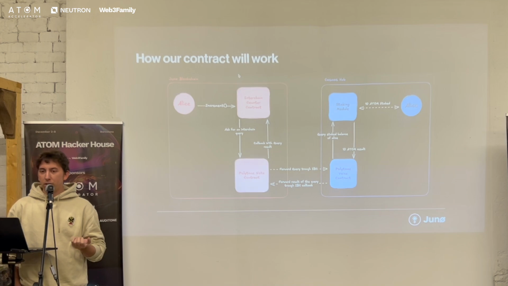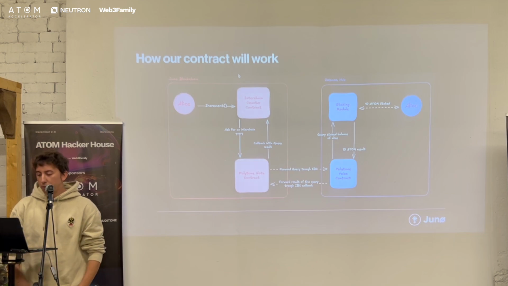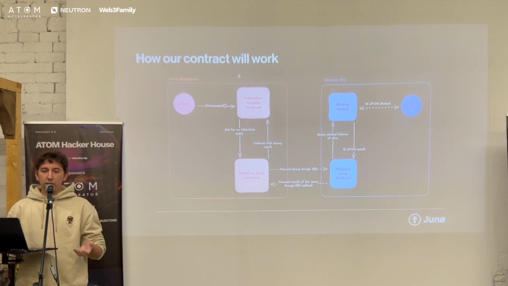It really depends on block time on both chains, because basically you need one transaction to call the increment function, and in that transaction, since we have sub-messages, the interaction with the node contract is already in that transaction. So let's say on Juno you have a 3 seconds block time, so it's 3 seconds for that transaction. And then you need to wait for relayers to pick up your interchain query request and send it to CosmWasm.